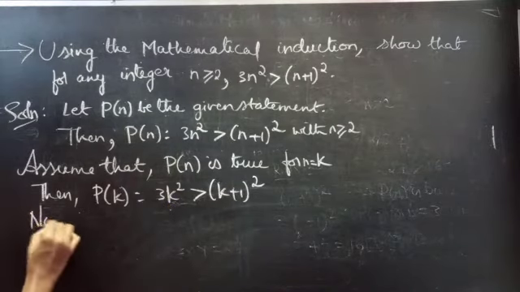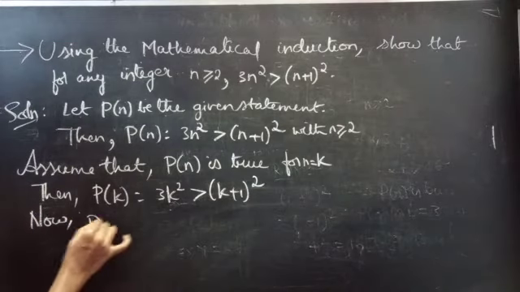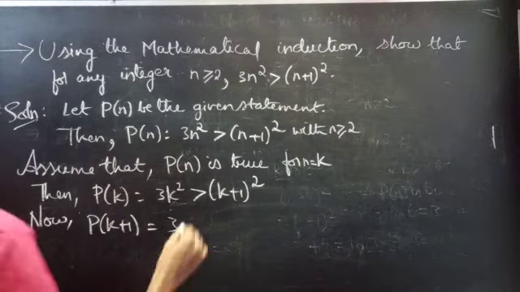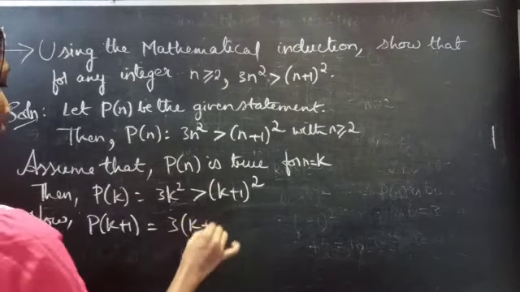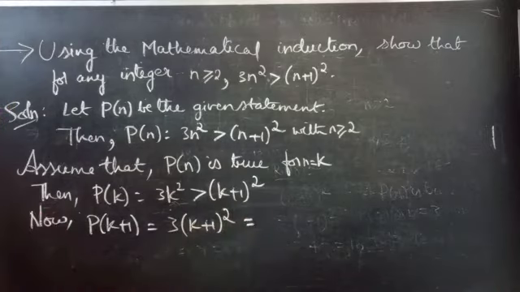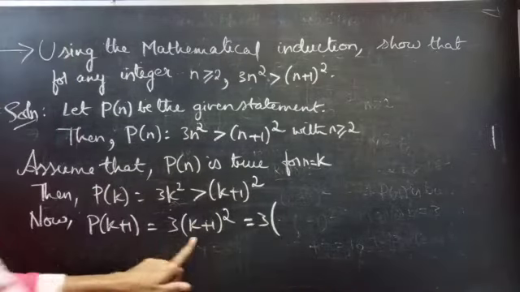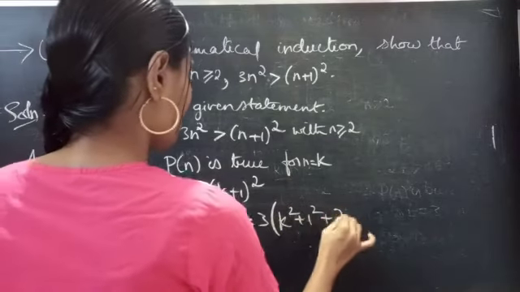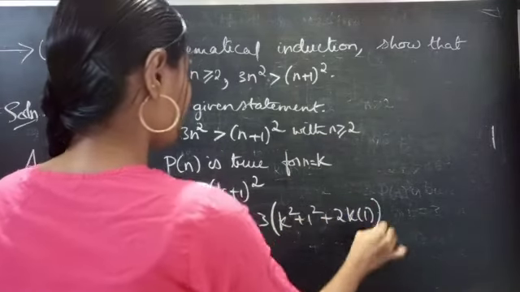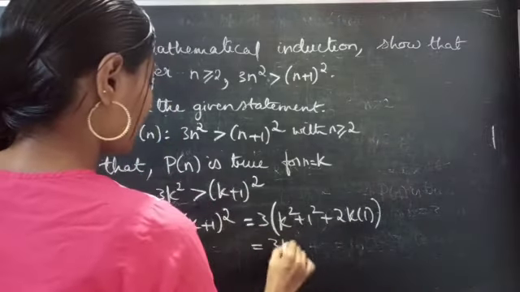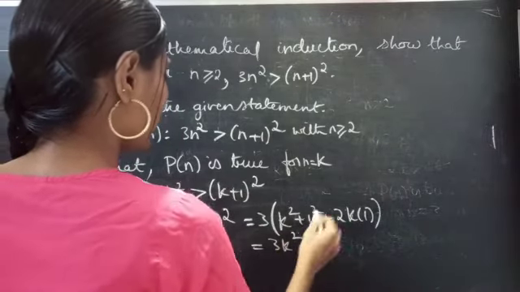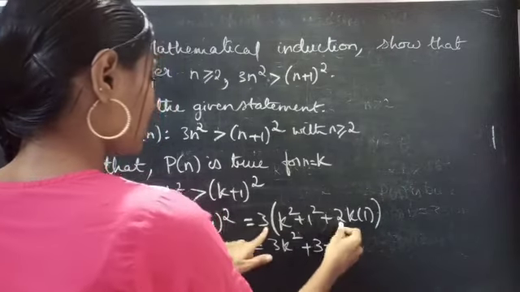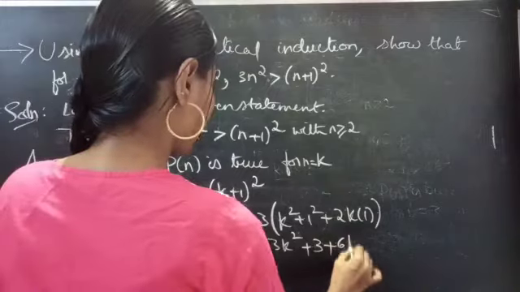Now we'll prove for P of k plus 1. Consider the LHS part for n equals k plus 1. This is equal to 3 times k plus 1 whole square, expanding: k square plus 1 square plus 2 into k into 1. That is equal to 3k square plus 3 into 1 square is 3, plus 3 times 2 is 6, into k into 1 is 6k.